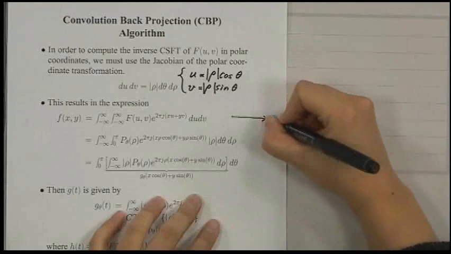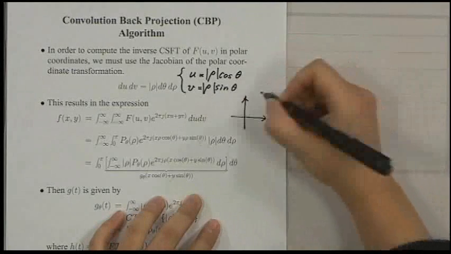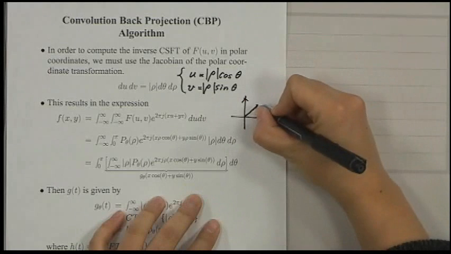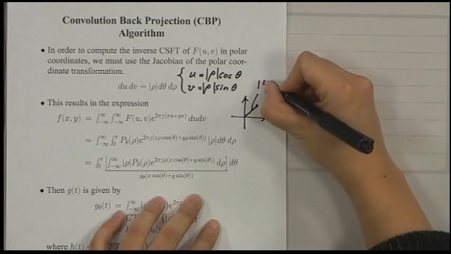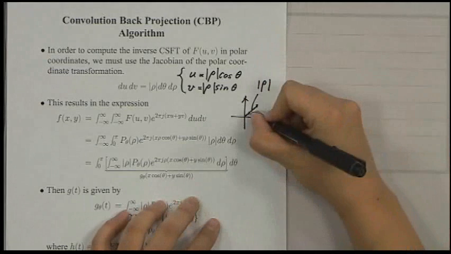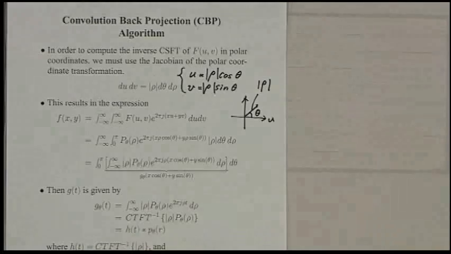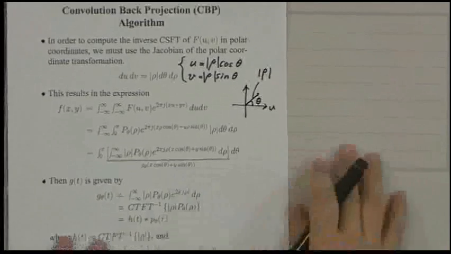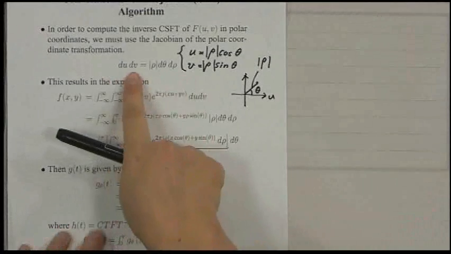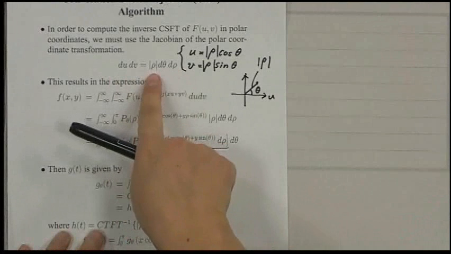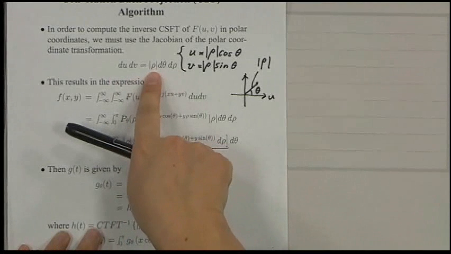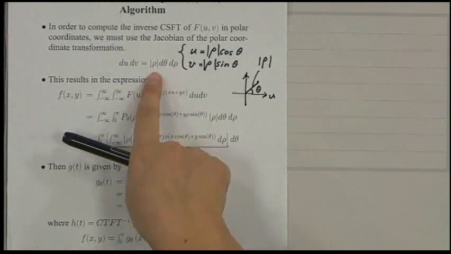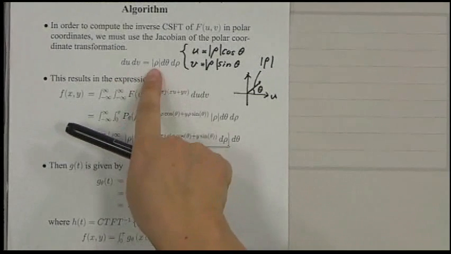So basically it's UV. And if we take some point, this length is rho. And this is theta. Okay. And then we can easily calculate du dv equals, this is a Jacobian, like what we did before. We can easily calculate this term.